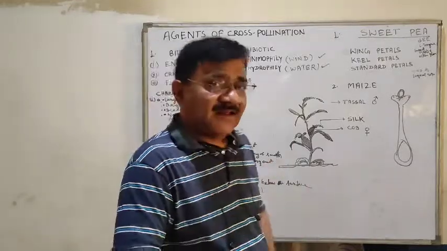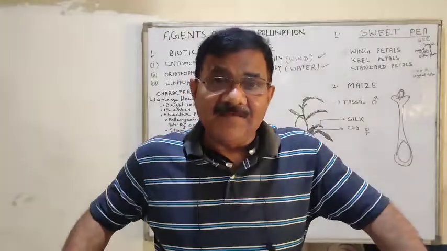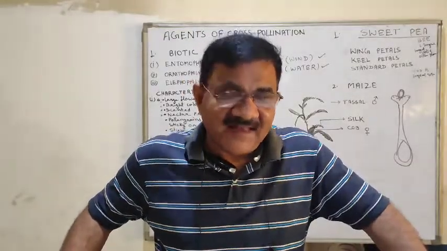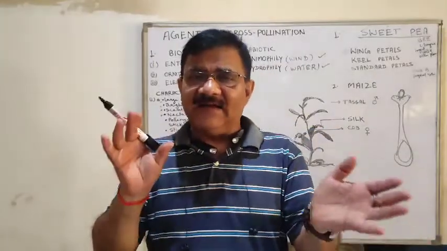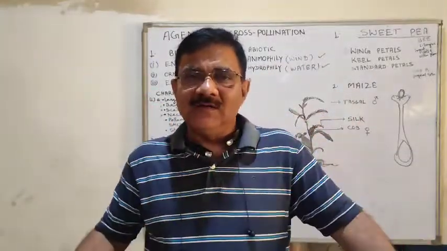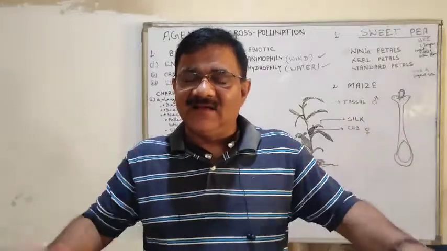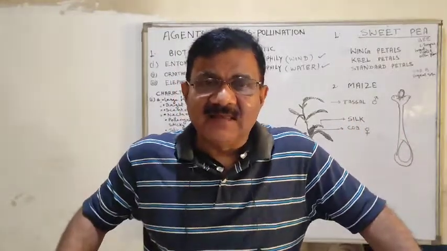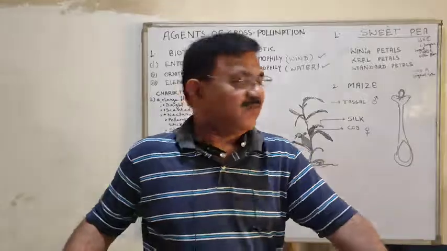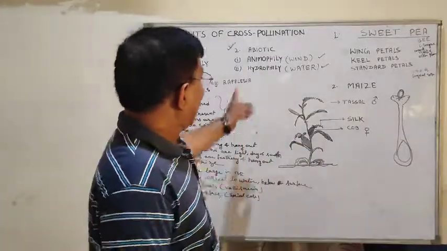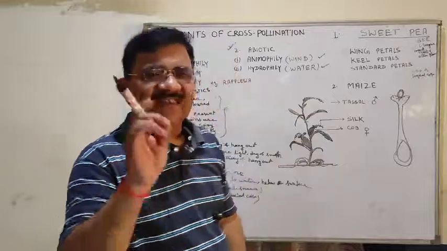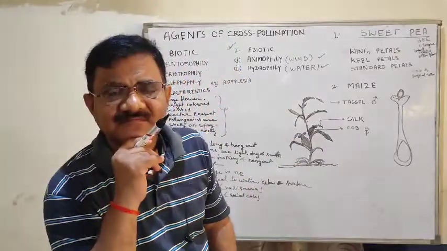Not only the stamen, the male part, the female part also should be feathery and hang out. Feathery means from all sides it is able to catch and stick the pollen grains, the male gamete of the flower. One example of an anemophilous flower is the maize flower.